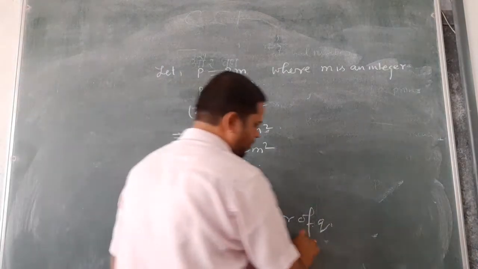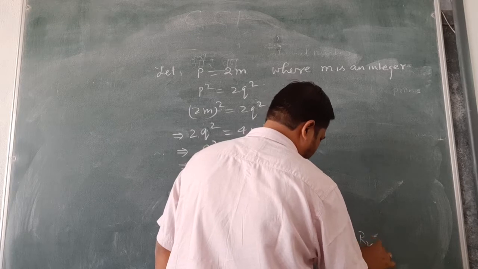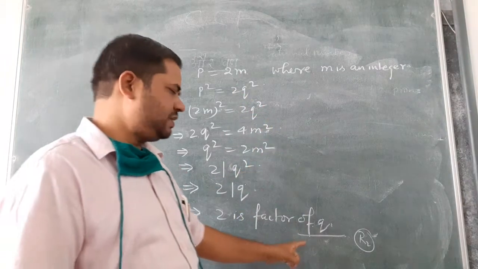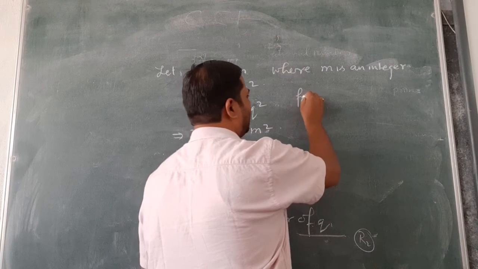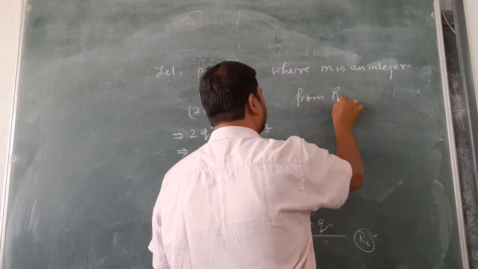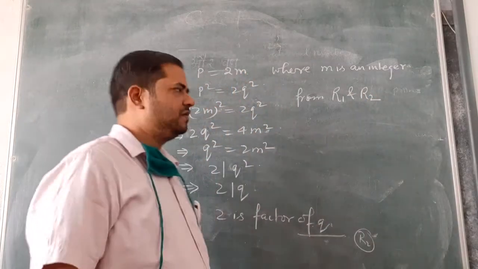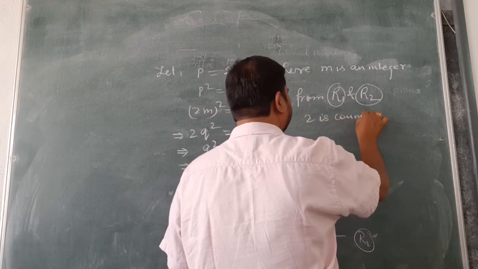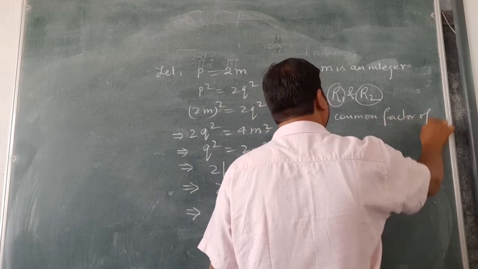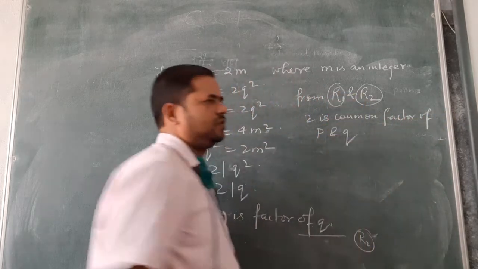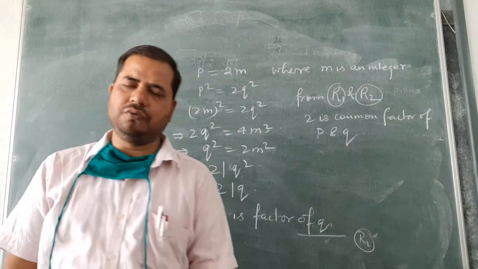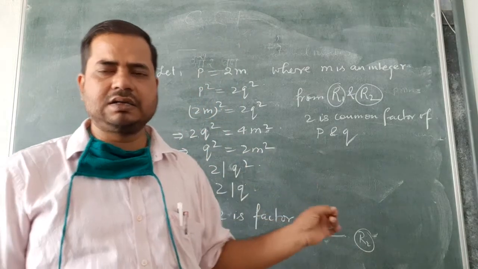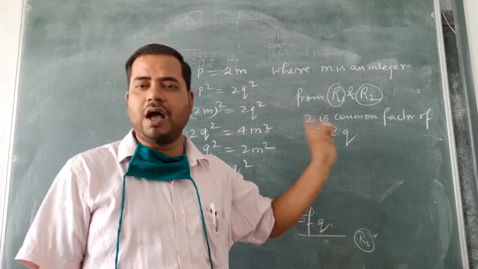Suppose the first one is R1 and this one is R2. 2 is a factor of p in R1, and 2 is a factor of q in R2. From equations R1 and R2, you see 2 is a common factor of p and q, which is a contradiction.